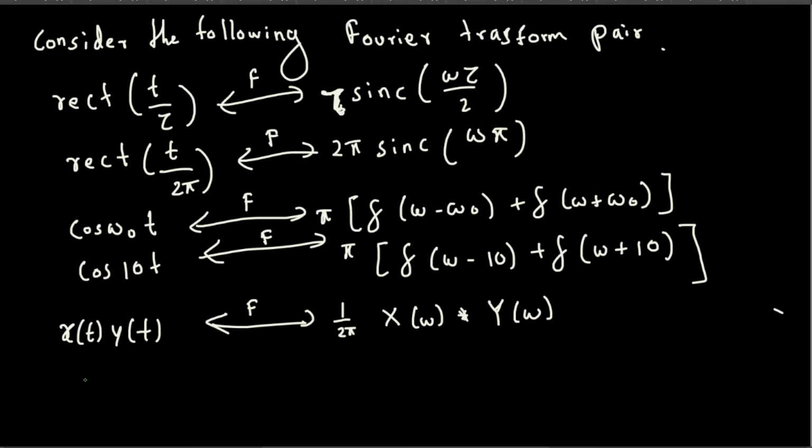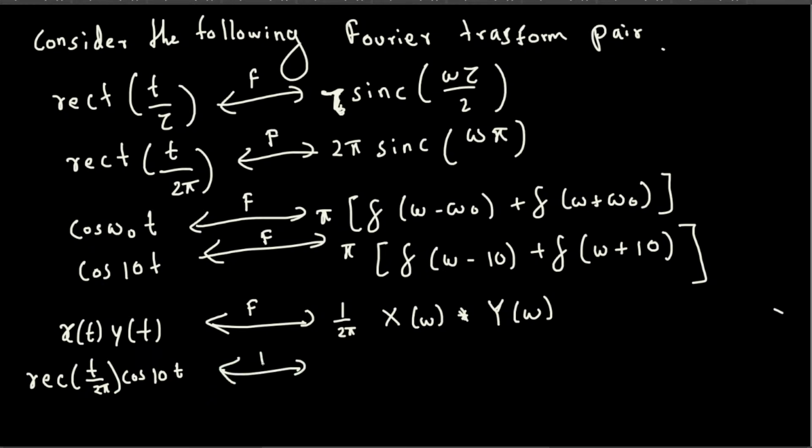So what's the function we have? Without the shift, we had this rectangular t over 2π times cos 10t. This is the function without the shift of 2π.